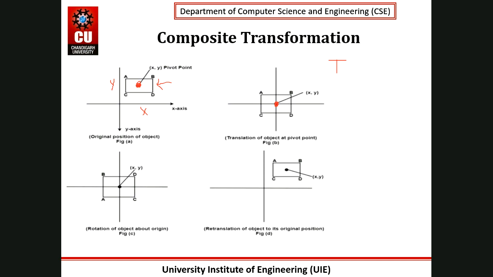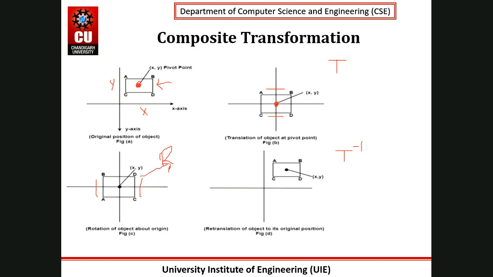After the translation, the second operation we are going to perform is the rotation. The ABCD is rotated, meaning the rotation of an object with respect to the arbitrary point, having the angle theta which will be given to us. The third operation is the reverse translation, also known as T raised to power minus 1. That means the object will be retranslated to its original position.